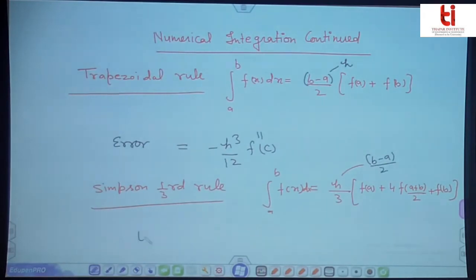Okay, the error in this case is minus h^5 upon 90 f4 c, where c is a value inside the interval a to b.